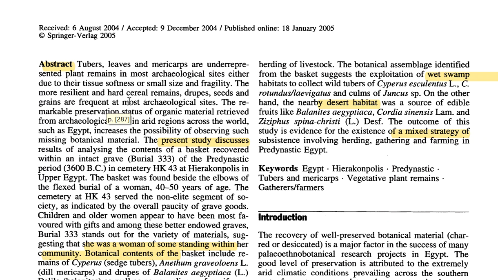It depends on the environment. But you hardly get anything like soft tubers or plant remains unless it's a really good find. And as it says here, there are more resilient things like cereal crops, seeds. So we're talking about wheat and barley and any type of grains that are most commonly found.